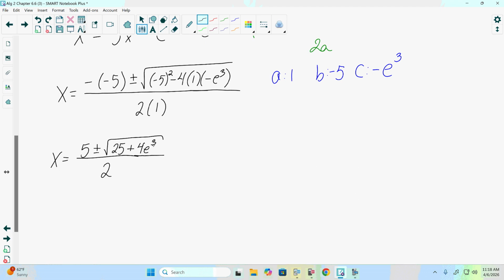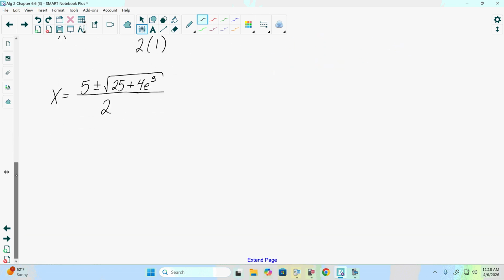Questions on this here? And really, this is as simplified as we can take it without turning it into a decimal approximation, because we're taking the square root, and we have e to the third, which is going to have to be approximated together.